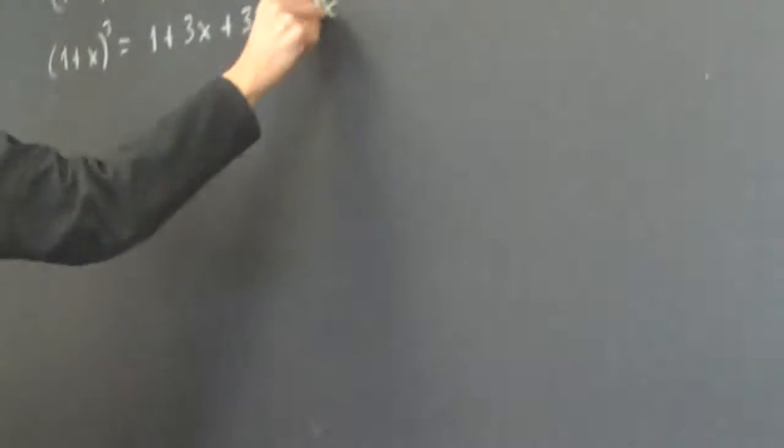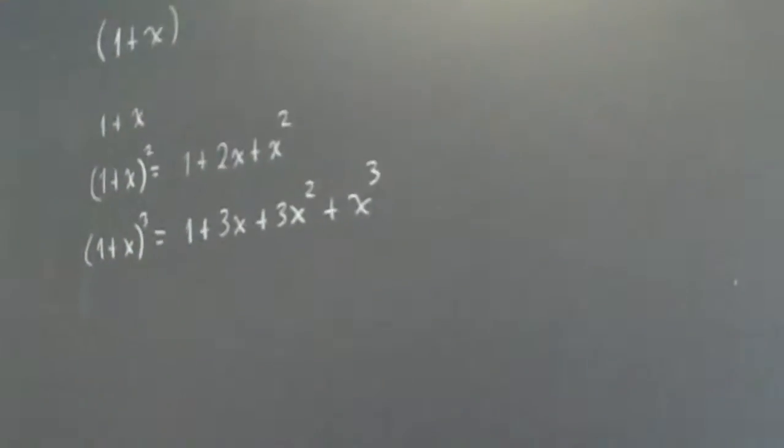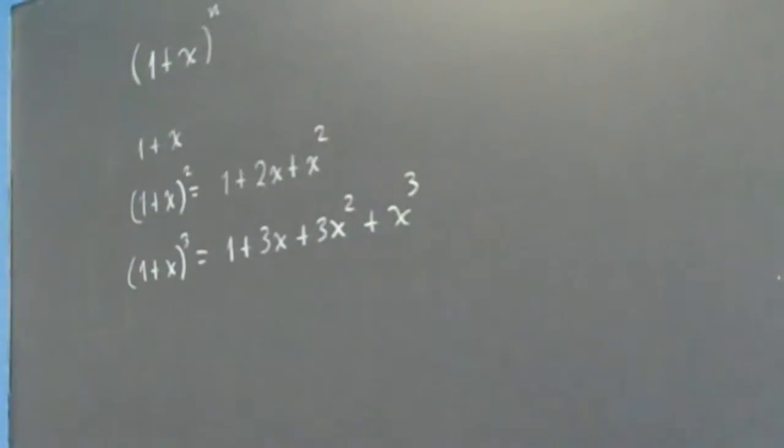And if you've got enough patience, of course, after you've fixed your mistakes, you'll get this for the third power. And of course, the coefficients of these accumulate into a table.